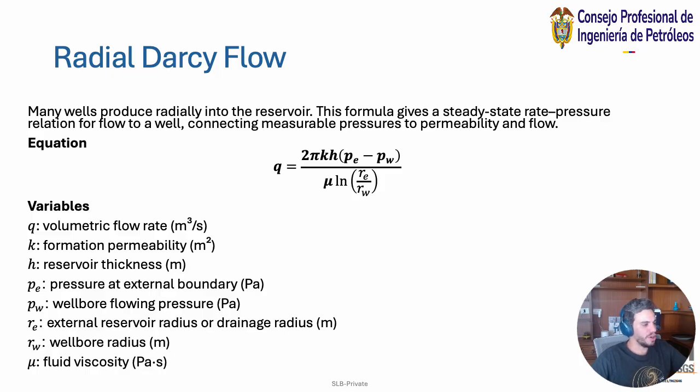Then RE is the reservoir radius or the drainage radius that we're looking at, and RW is the wellbore radius. And finally, mu, again, is the fluid viscosity, right? This Darcy law is quite interesting because we're trying to understand both the rock and the fluid at a given time, and the output tells us the ability of movement, right?